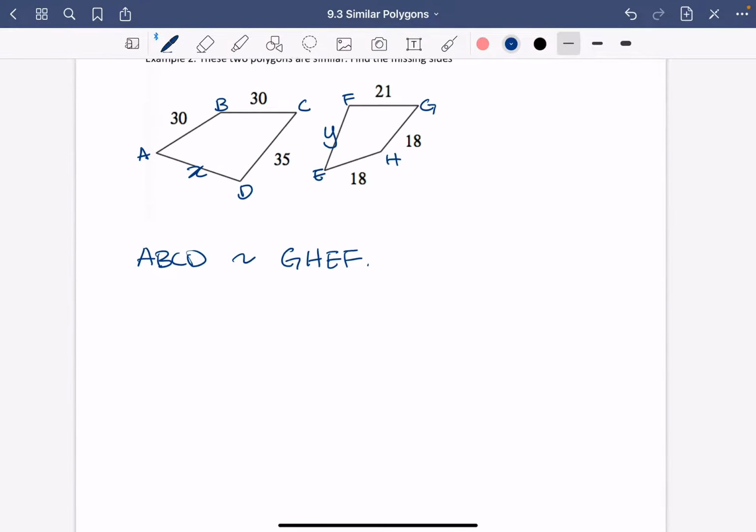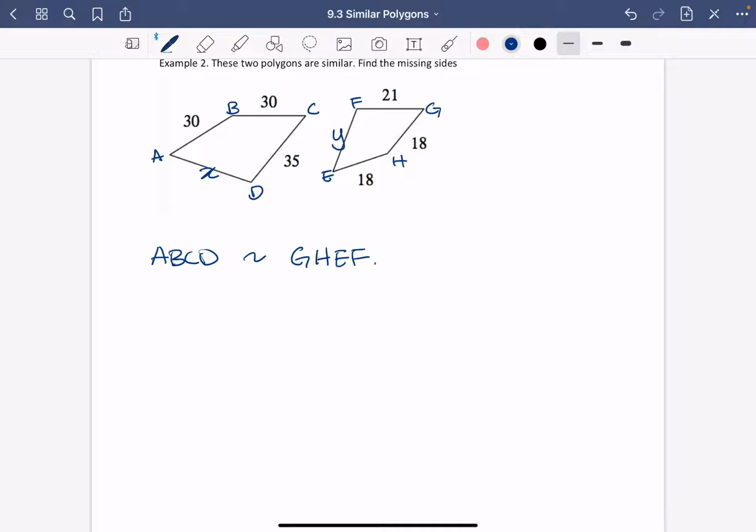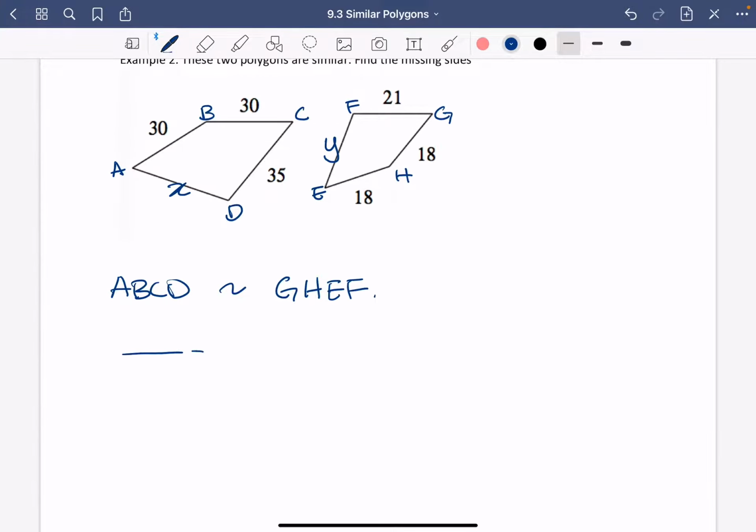Okay, so what do we know? We know the corresponding sides are proportional, and we want to find the missing sides. So let's write down the four fractions first.